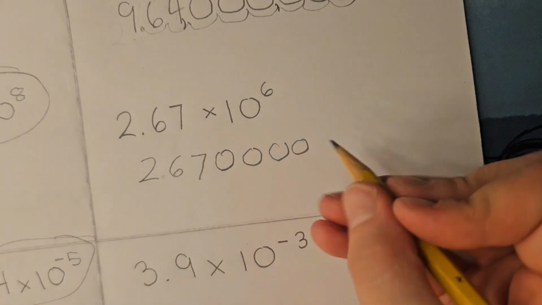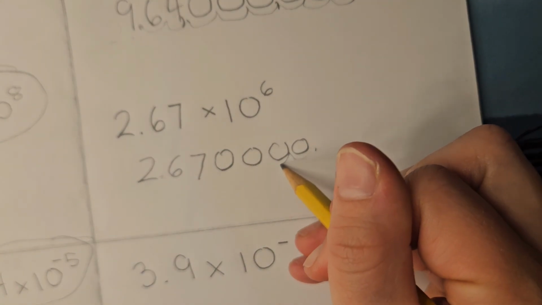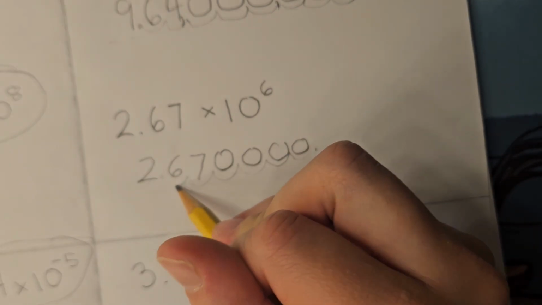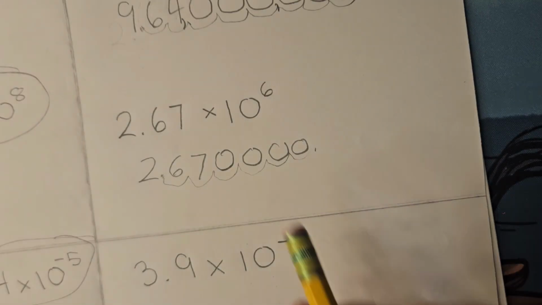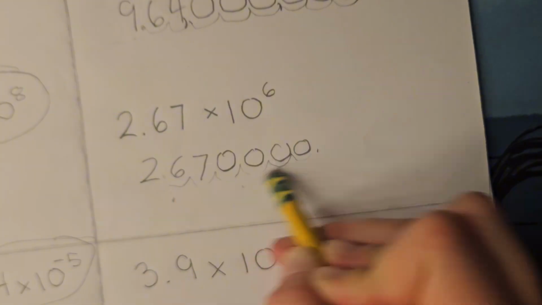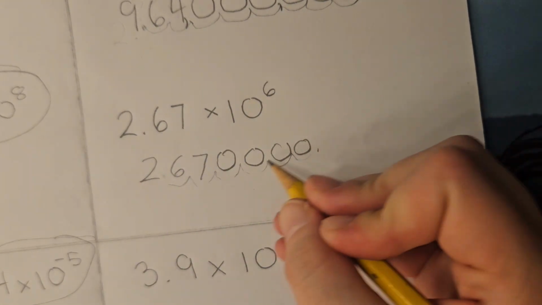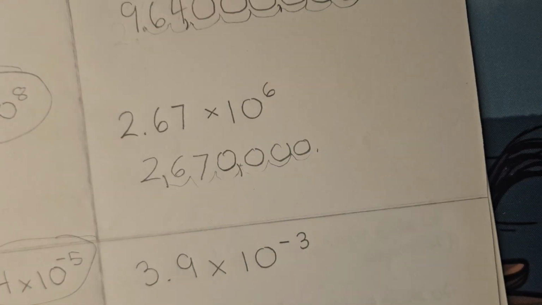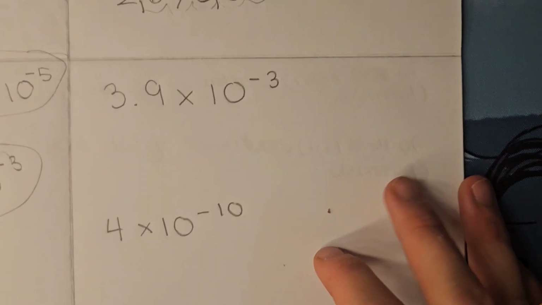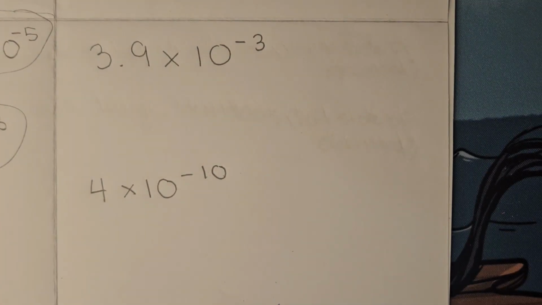And we can double check by starting here again and counting 1, 2, 3, 4, 5, 6. So we know that we are correct. And this number is 2,670,000.